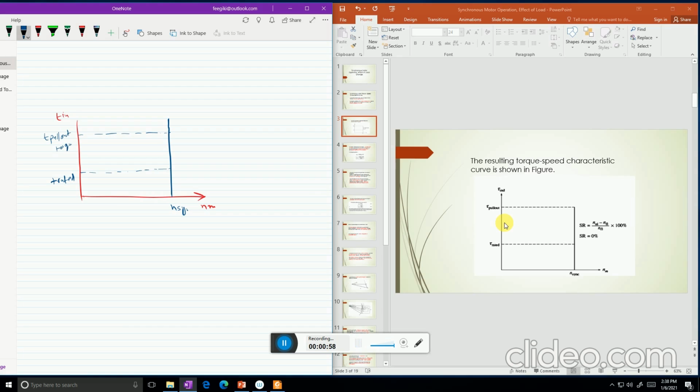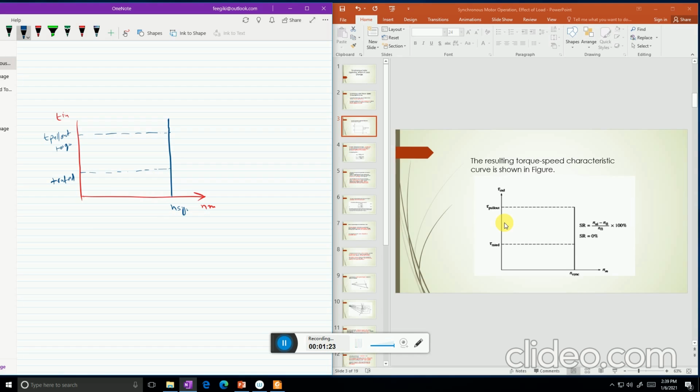If we increase the load further than this pull out torque, then the motor will lose synchronization and will start jerking. So the motor will move with constant speed. As the torque is increasing, it will not affect the speed, and the motor continues to move at synchronous speed.